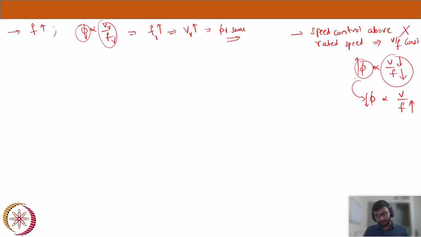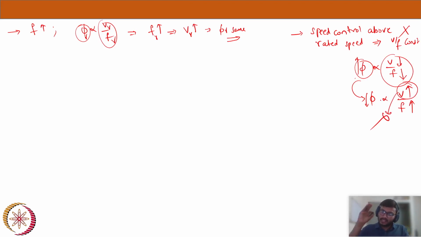So my magnetizing field in the motor will be less. Might be it's not efficient, my motor might not have sufficient flux density, but there is no reason to maintain V by F constant, because to maintain V by F constant you have to increase voltage also, which is not at all acceptable.